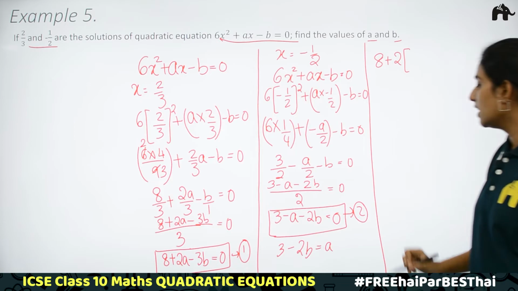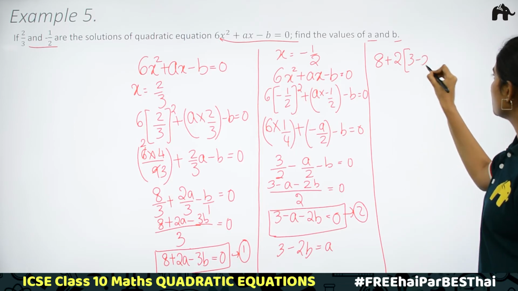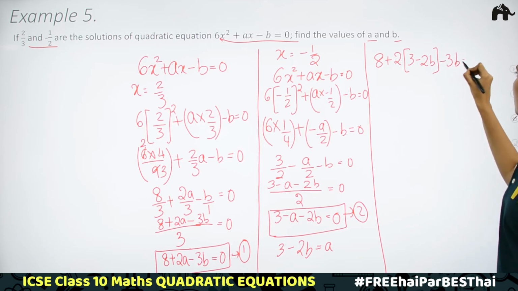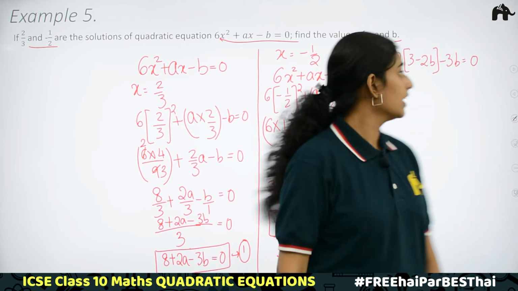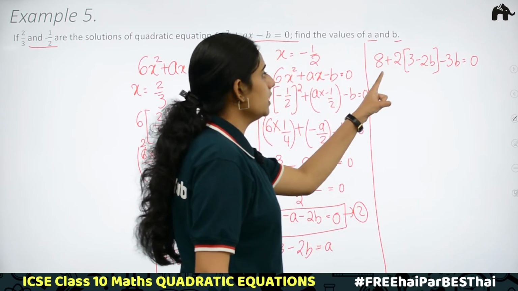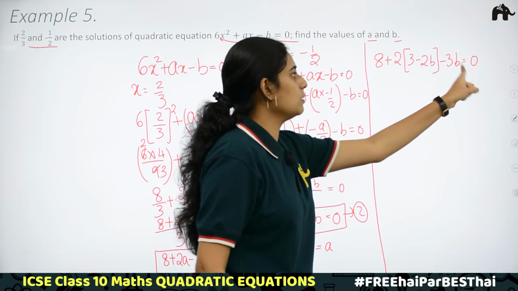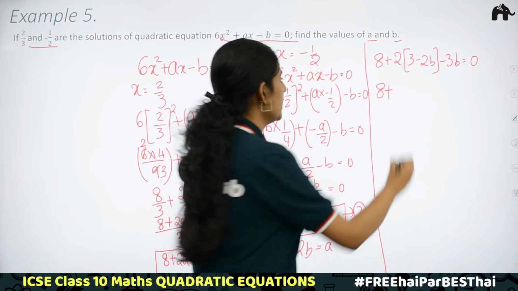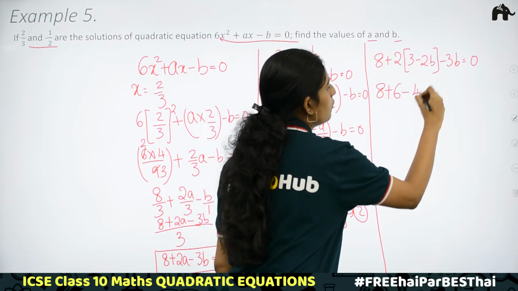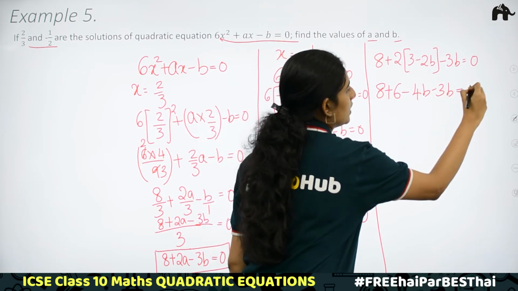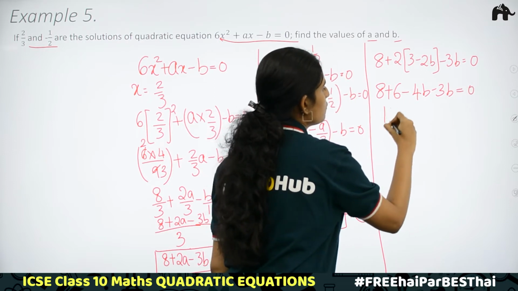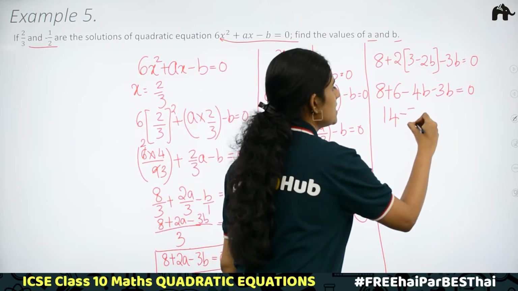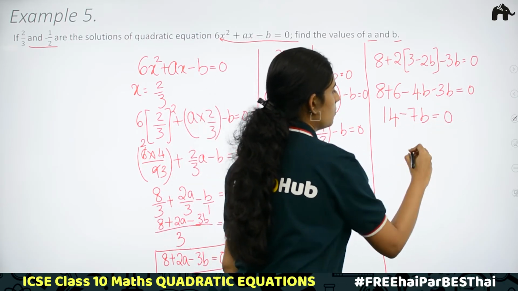That is 3 minus 2b. 8 plus 2 into 3 minus 2b minus 3b is equal to 0. 8 plus, removing the brackets, you will be getting 6 minus 4b minus 3b is equal to 0. 8 plus 6, 14. Minus 4b minus 3b, that is minus 7b is equal to 0.